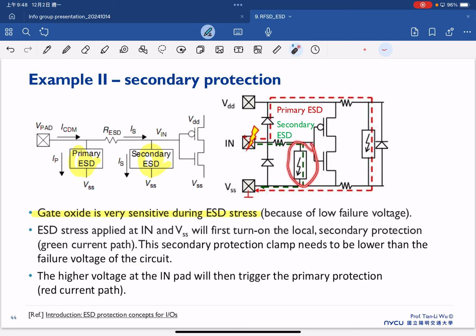So this needs to have a lower voltage compared to this one, because we want this one working ahead of our typical CMOS. That's why we want to trigger this faster. So this one needs to have a lower failure voltage compared to this one. And the higher voltage at the input pad will then trigger the primary protection, which is this one. So that's more of a system level consideration, even a circuit level consideration, where we take into account two different protections.